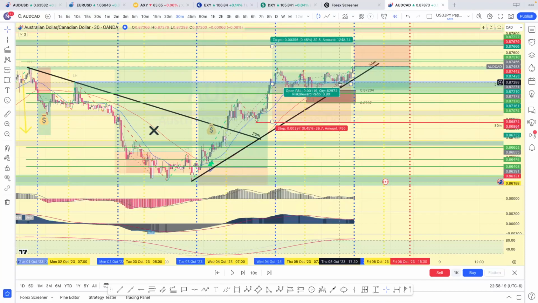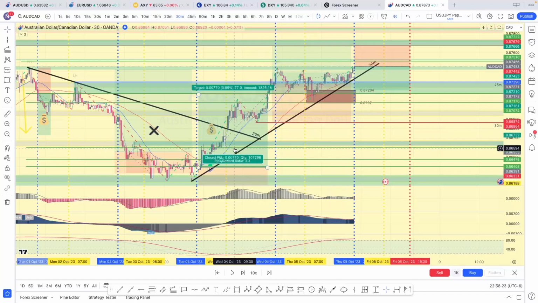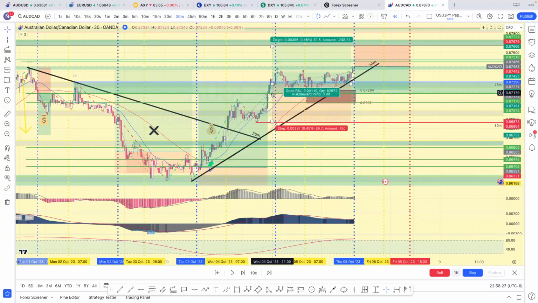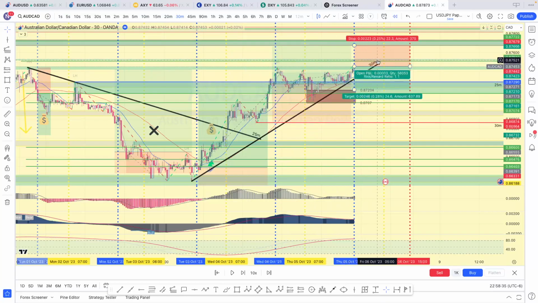I'm really torn. It should be a buy. But this is what I'm looking at too. I see a push here, a pullback, a push. This looks corrective. So I think this is going to give me one last push before turning around.